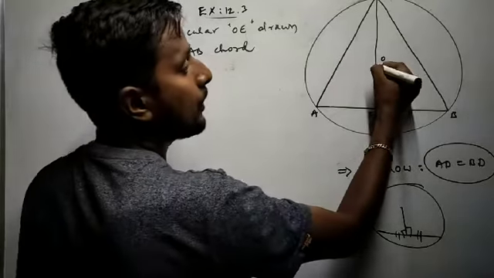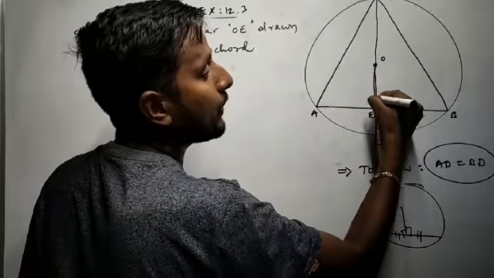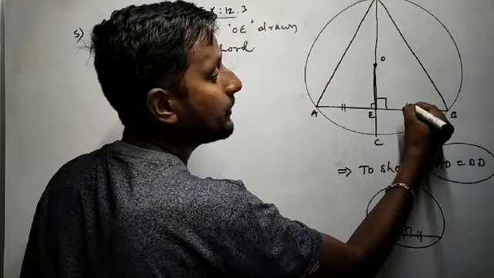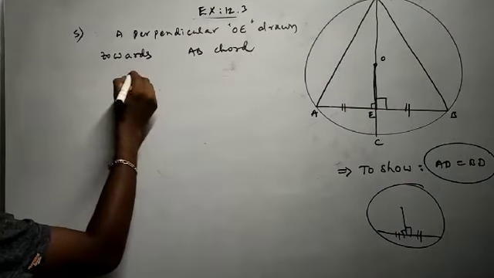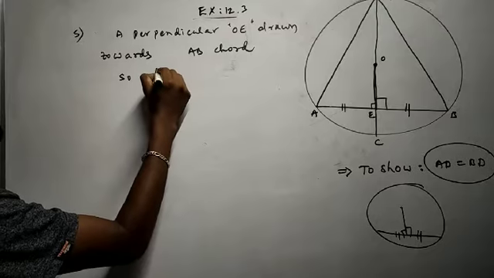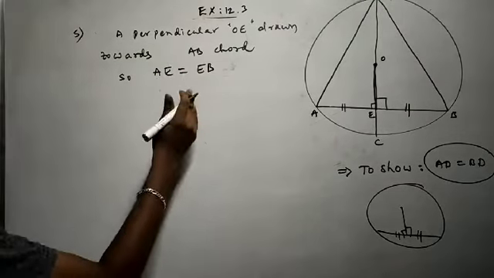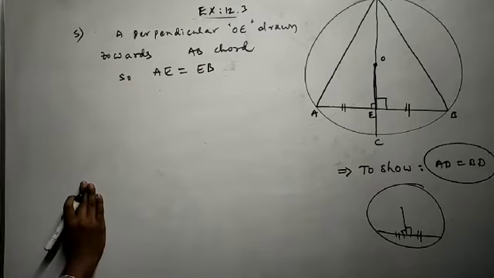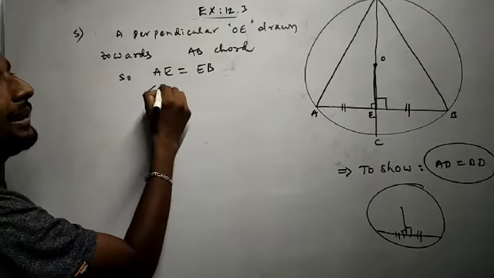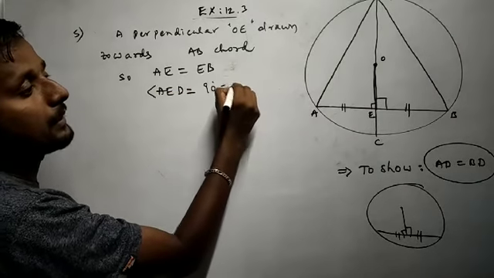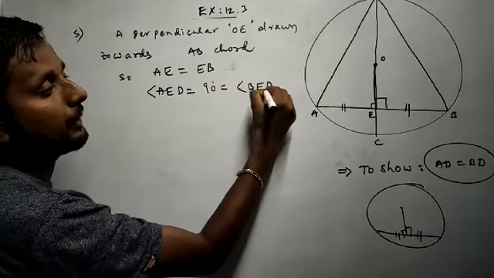So from here, OE is a perpendicular drawn from the center, so it will make 90 and also divide into equal parts. So AE is equal to EB, EB in the sense BE also. Next, angle AED is equal to 90, that is BED, correct?